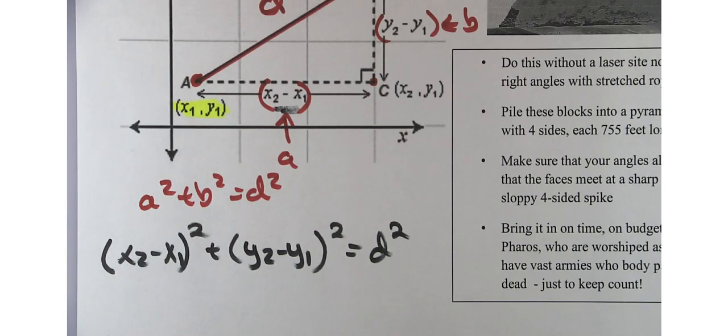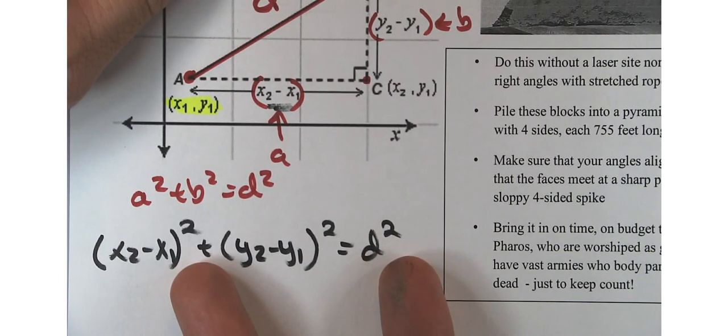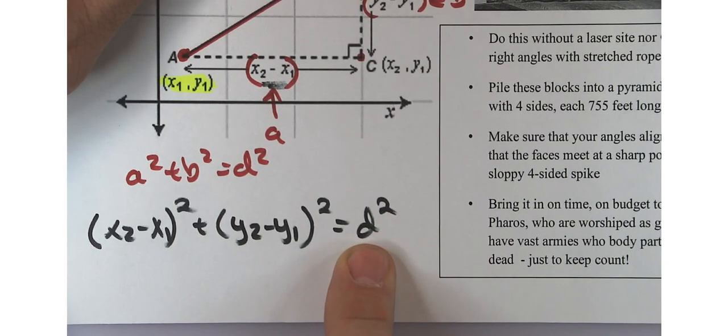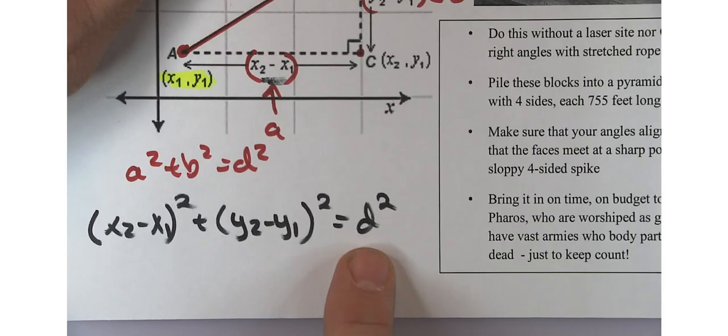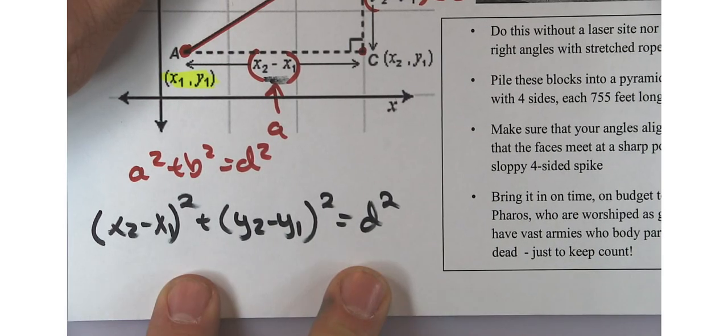Since I'm running out of room here, I'm going to do two things in this last step. First of all, I'm just going to flip-flop the order of this equation. But secondly, I want to get d by itself. How am I going to solve for d on this one? How do I solve for d here?